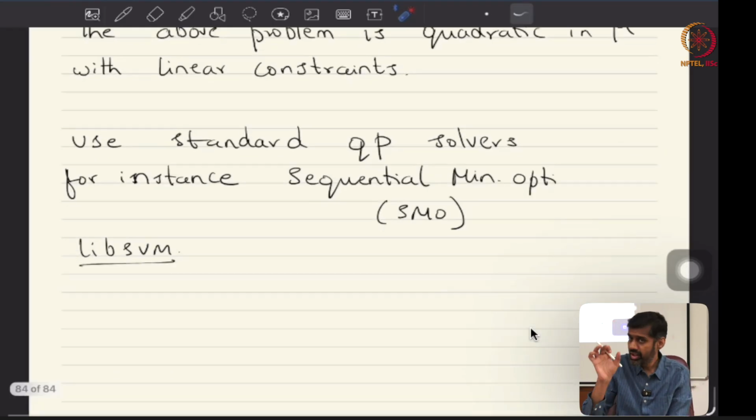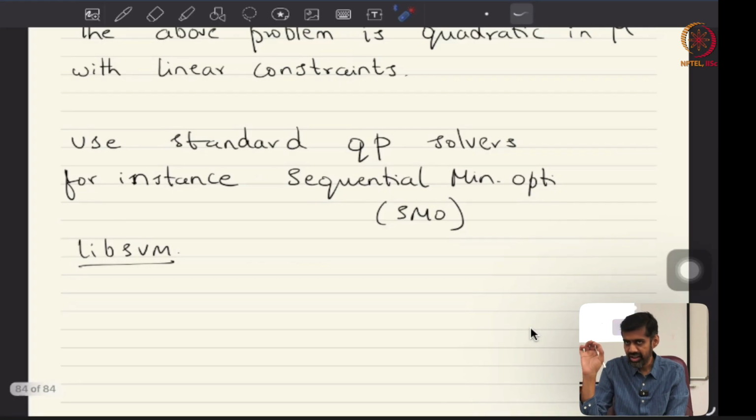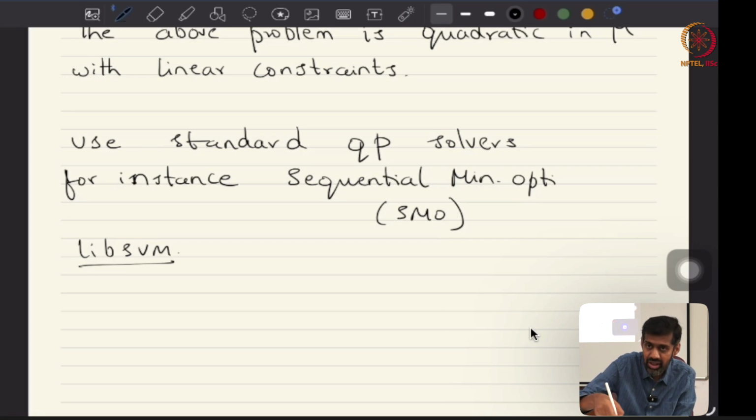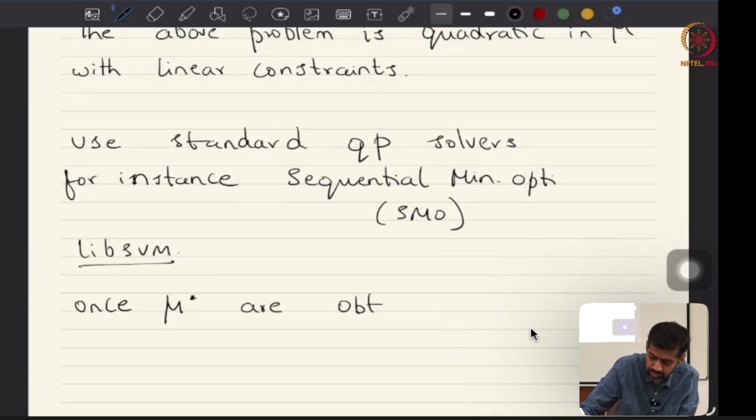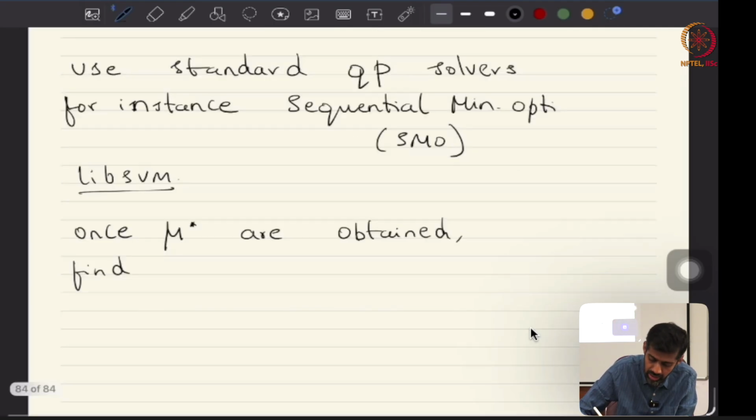Now given a classification problem, what do we do in SVM? Construct the primal problem. From the primal problem, obtain the dual, solve the dual as a QP problem using standard solvers and get your mu stars. Once mu stars are obtained, find w star, which is what we want finally.